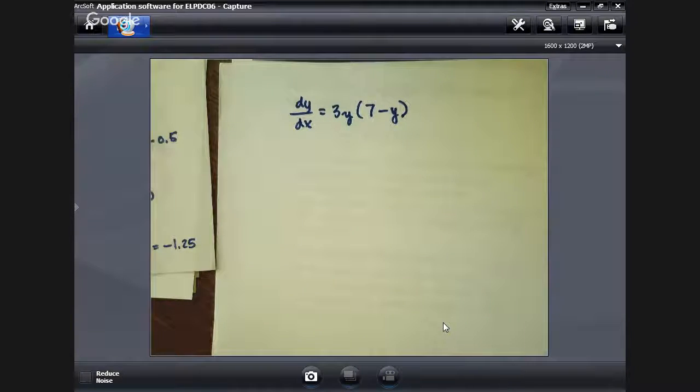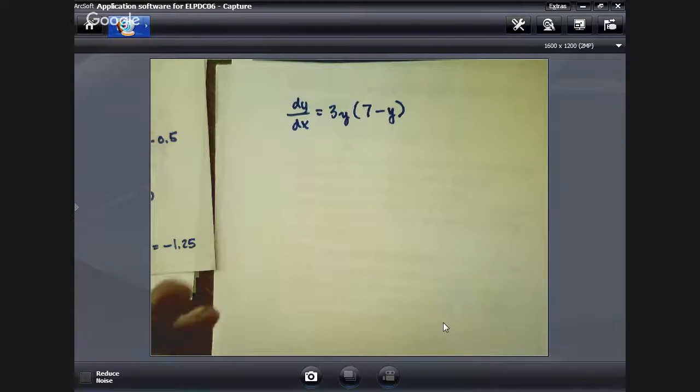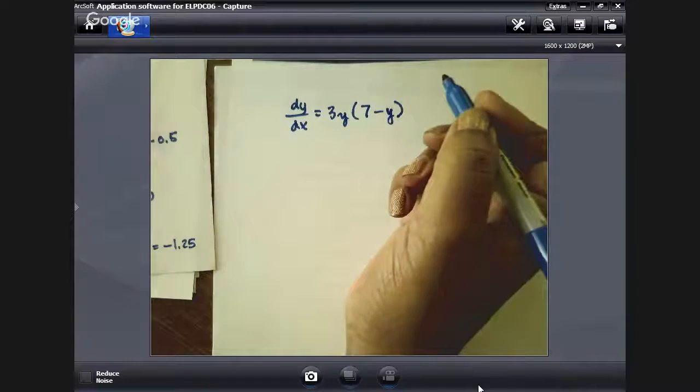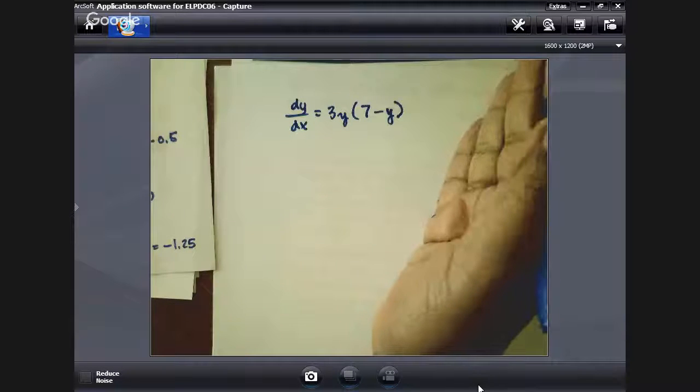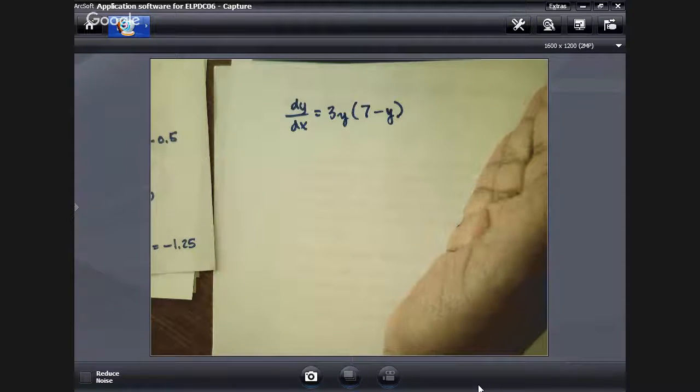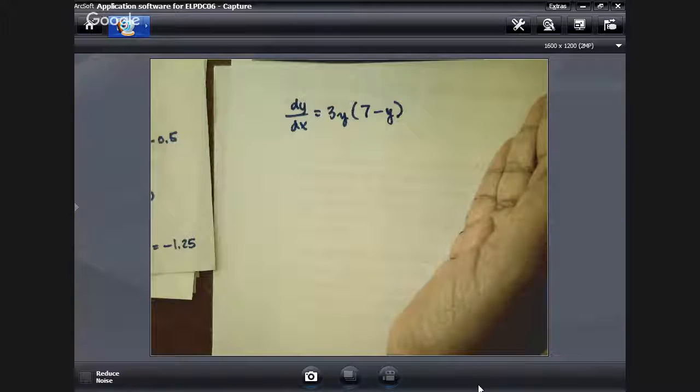This is totally something they could ask you to do on the AP exam. I don't think they will, because it takes a lot of steps. So dy/dx is equal to 3y times (7 minus y), and I'm going to separate the variables. The only method you have to know for solving a differential equation by hand on the AP Calculus exam, AB or BC, is separation of variables.